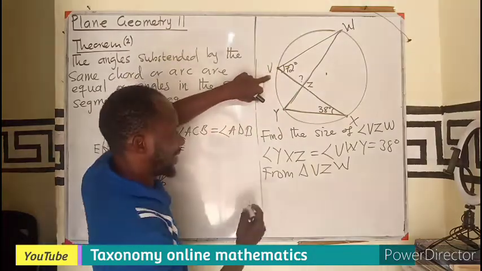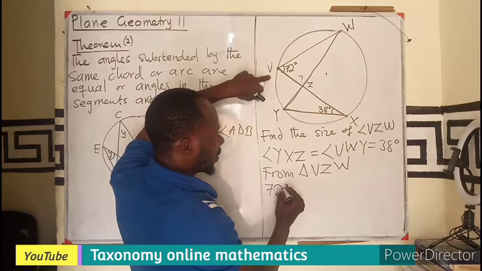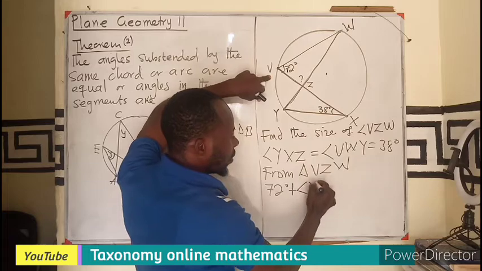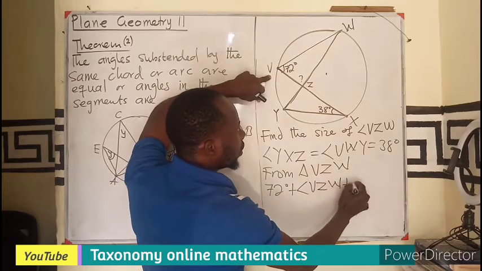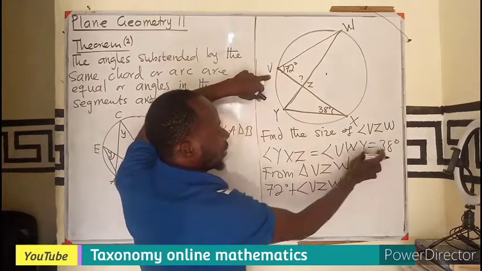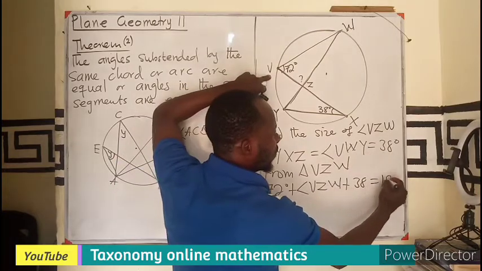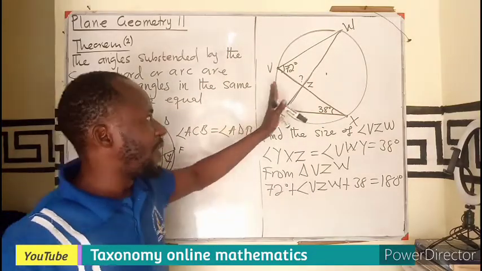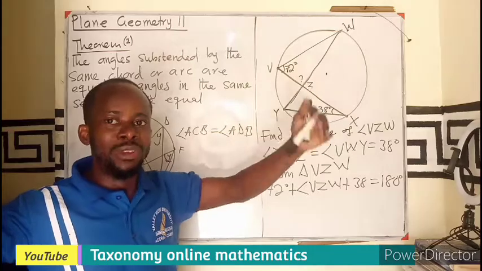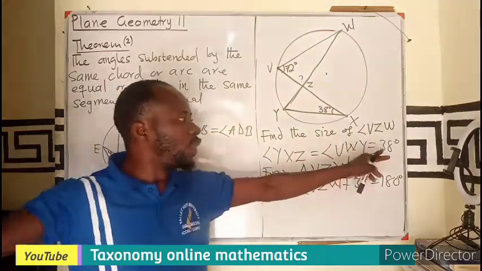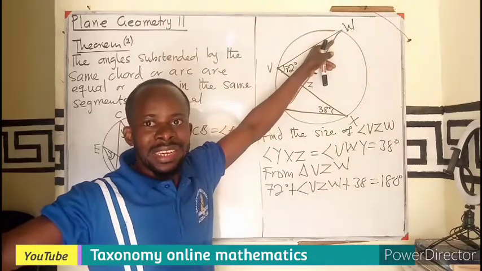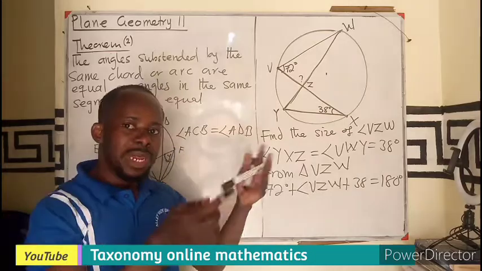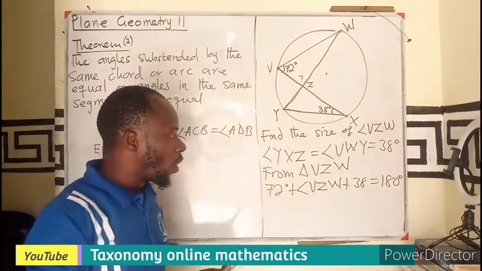So we are going to add this 72 degrees plus the angle you are asked to find, VZW, plus the angle you just found to be 38, all must give you 180 degrees. We are done with the first aspect, which is plane geometry 2, using the property to deduce the angle 38 to be there. That has also helped us to know that this becomes a triangle. So we can use the plane geometry 1 idea to solve this one.